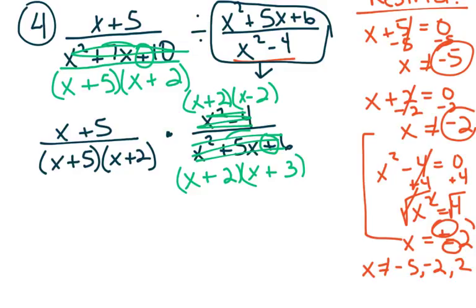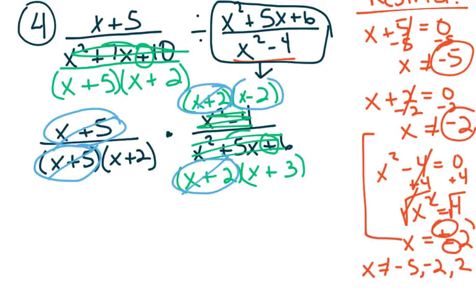Alright, so I'm going to see if I can simplify anything. I have an x plus 5 here and an x plus 5 here. So those cancel. I have an x plus 2 up here, and I have an x plus 2 down here. I do not have an x minus 2 anywhere.